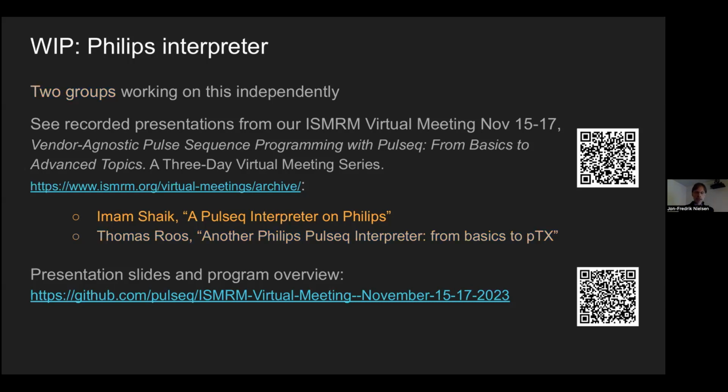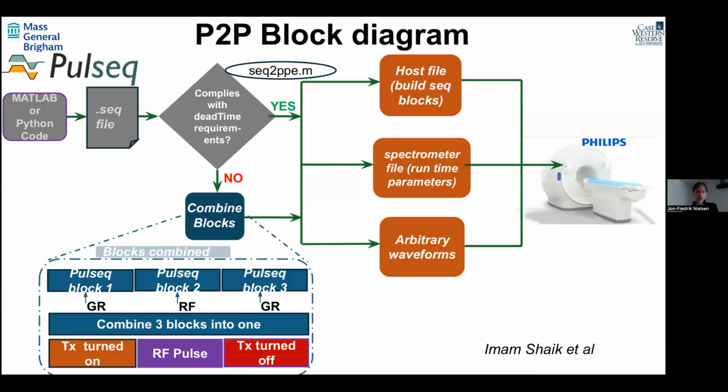I'll say a little bit about just the first interpreter, just to give you an idea about what's involved and how it contrasts with the Siemens and GE interpreters. So this is probably a bit more, maybe too much detail for those not on Philips, but again, the idea is to create your seq file, and once you have it, there's also a sequence conversion step where you take that seq file and create another file or set of files that are then loaded onto the scanner.